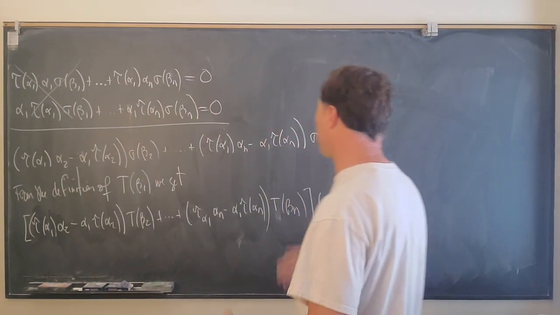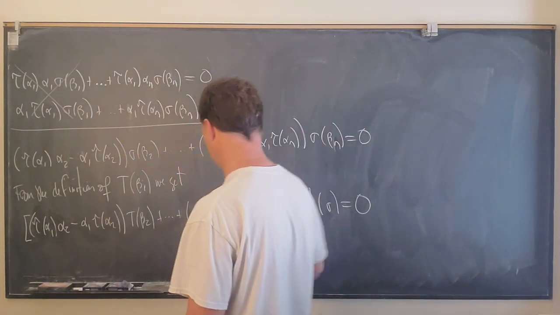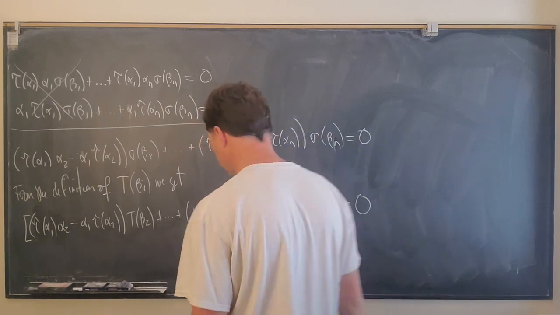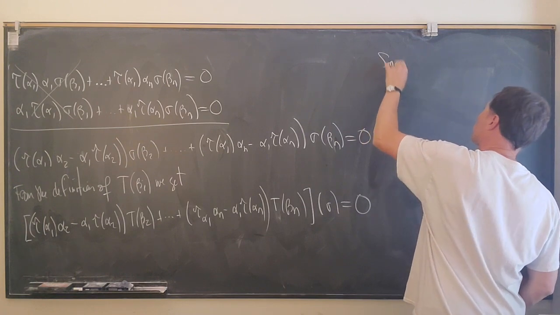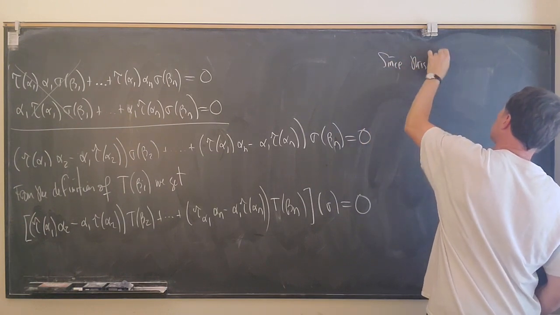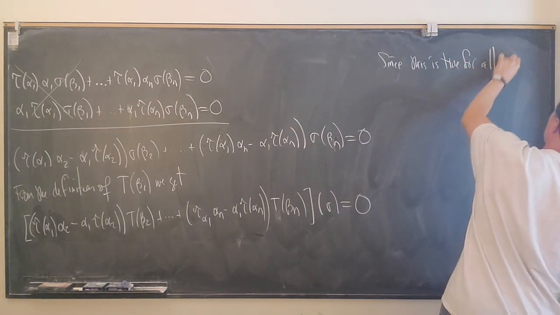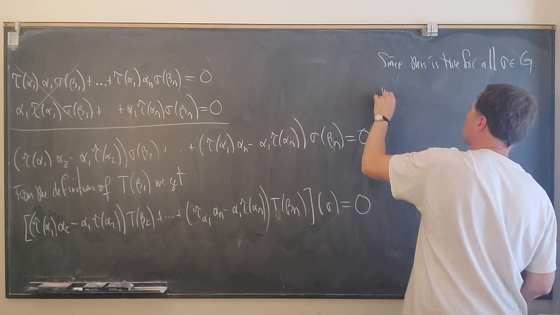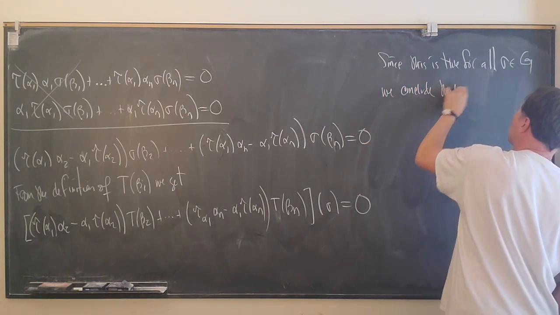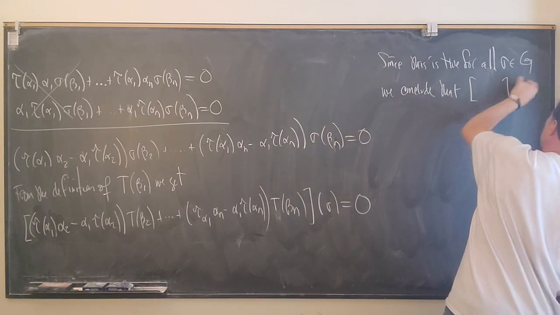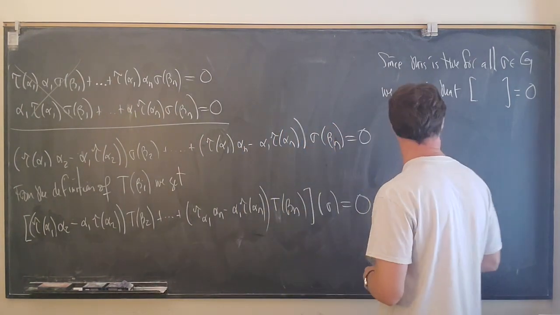Now, this is true for all sigma in G, which forces this mess right here to be the trivial mapping. So we can conclude that this function inside the square brackets is equal to the 0 mapping.